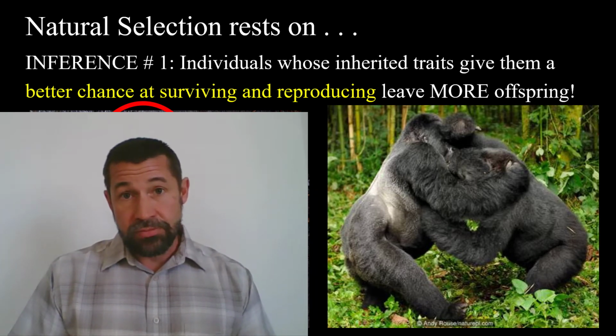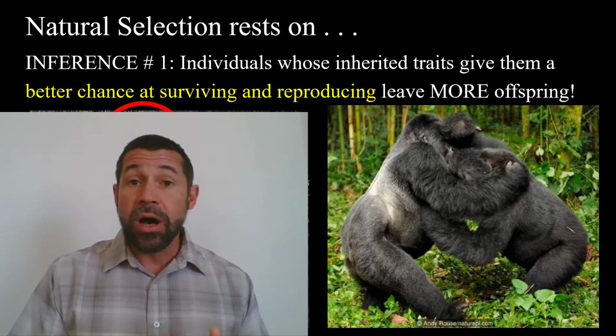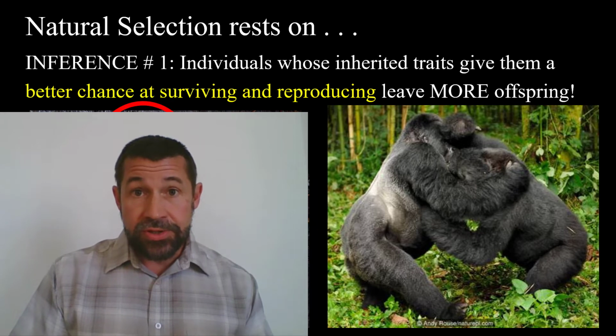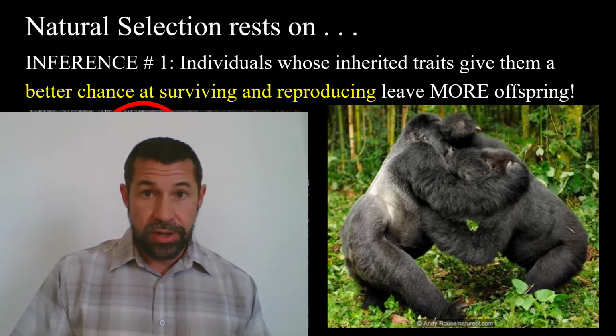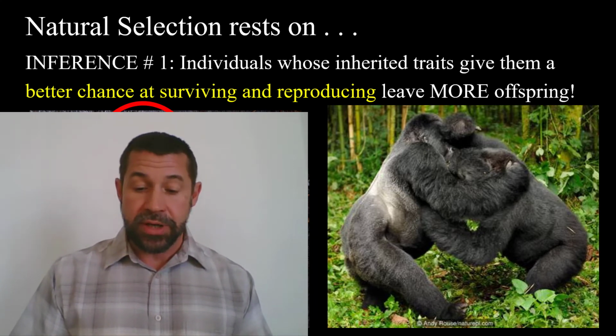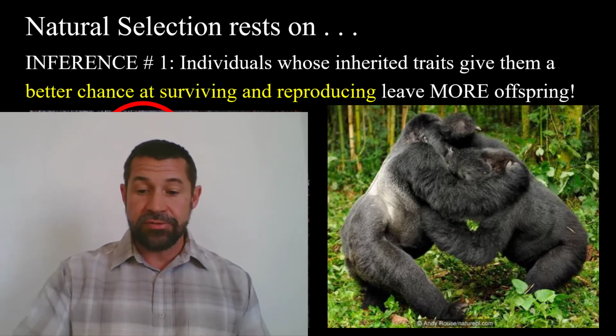Individual variation or different traits also implies unequal rates of reproduction. Consider the mountain gorilla. They live in these familial troops, and only the large, strong, dominant silverback breeds with the reproductive females.